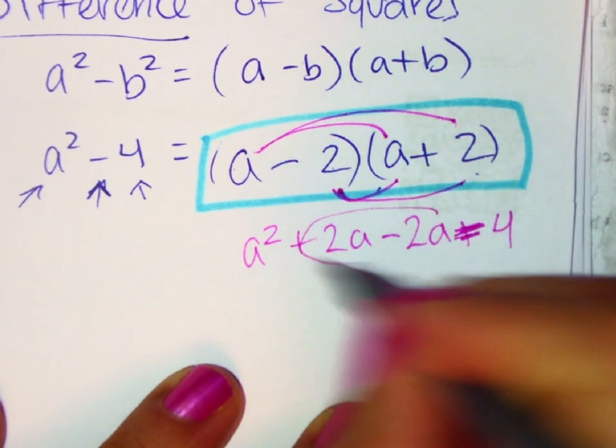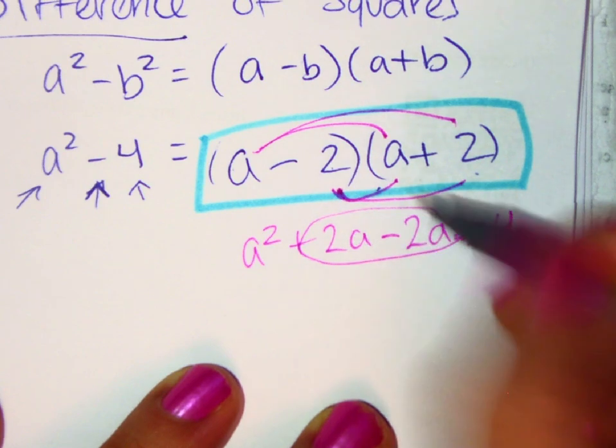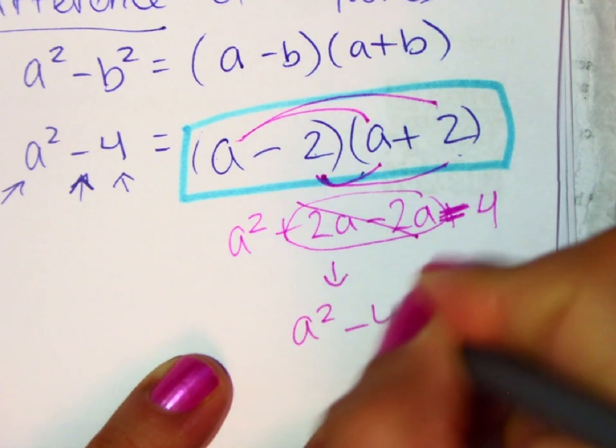Then you notice that the like terms will be canceling each other because you have a positive 2a minus 2a, which ends up with 0. So your answer results in a squared minus 4.